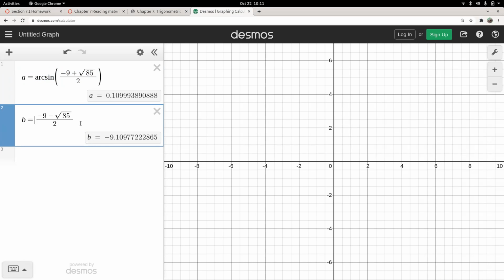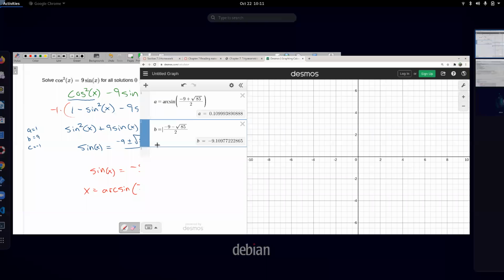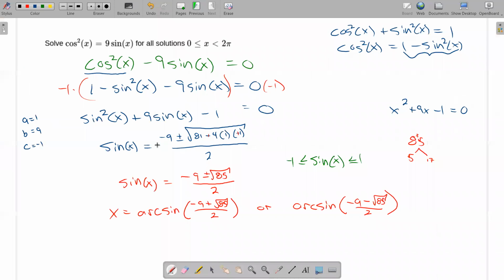So this one does not lead to a solution. So back here, for this one right here, that does not work since that inside here is about -9-ish. So no solution from that part.